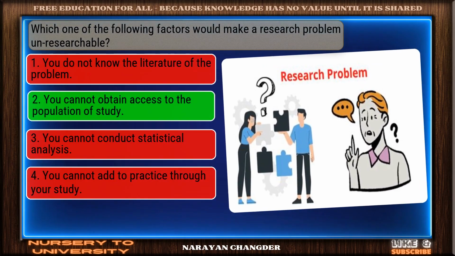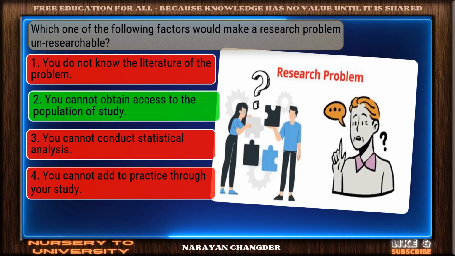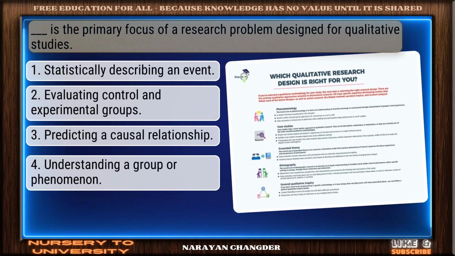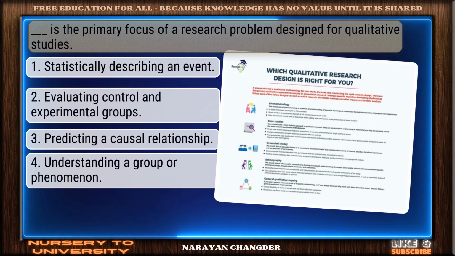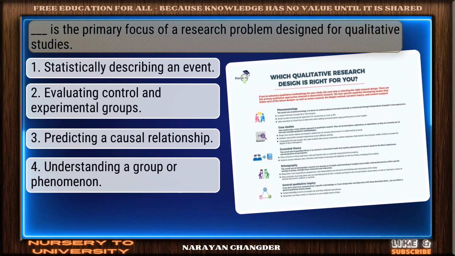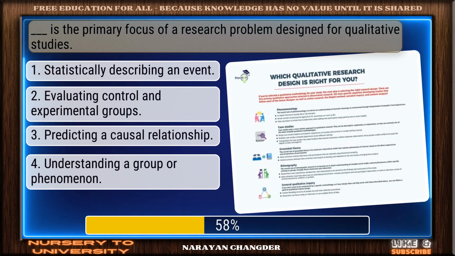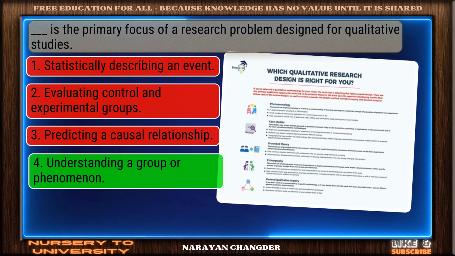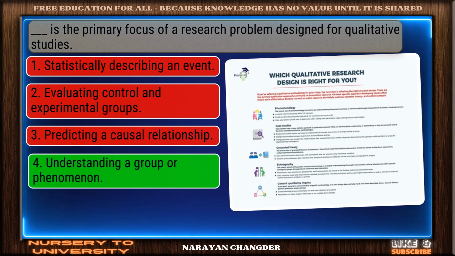Bravo! You cannot obtain access to the population of study is the answer. Understanding a group or phenomenon is the primary focus of a research problem designed for qualitative studies. Strong choice. That is the right answer.